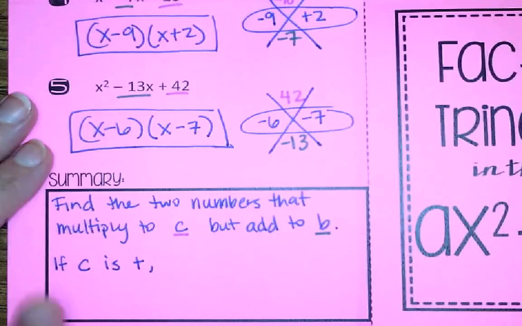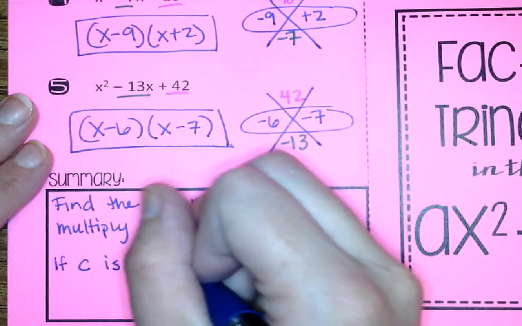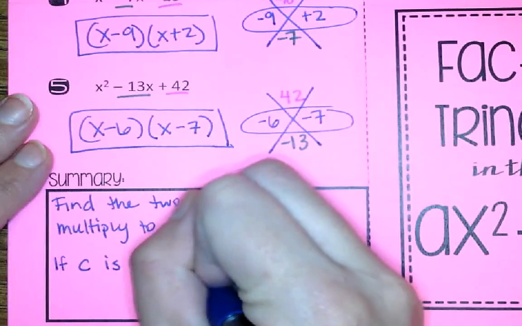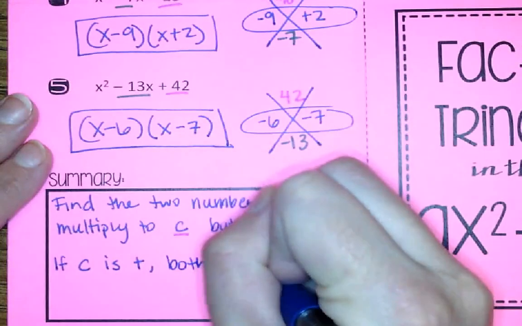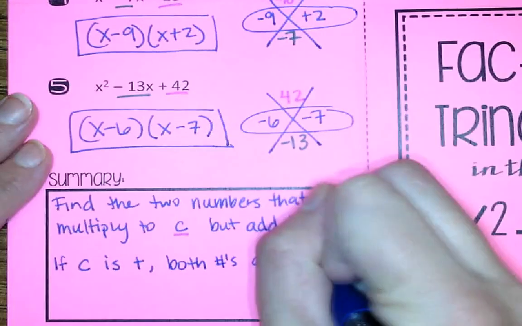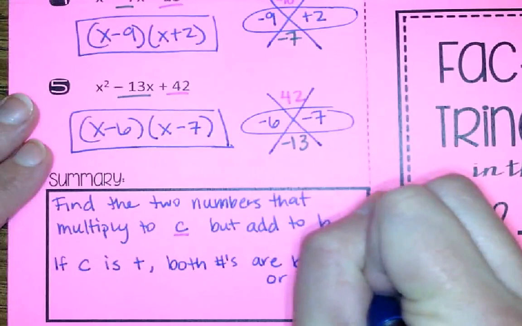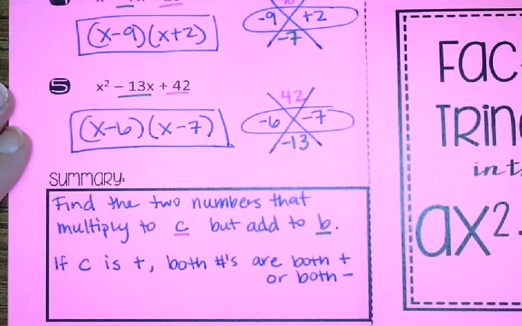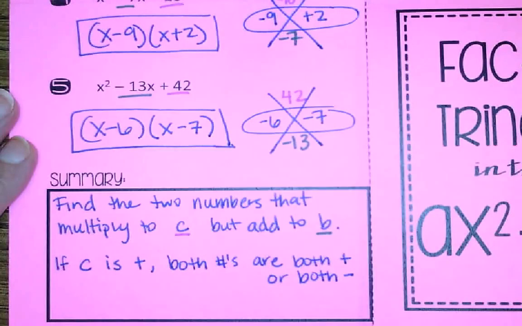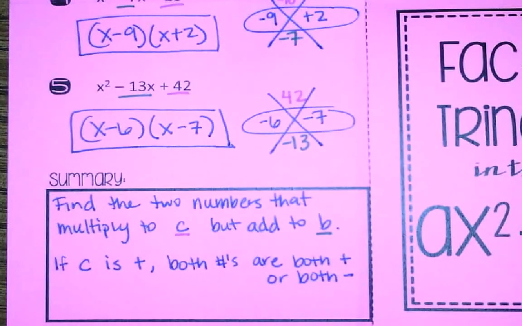So guys, if C is positive, both numbers are both positive or both negative. Do y'all feel good about that? How can you decide if it's positive or negative? Looking at your B value. If your B value is positive, they're both positive. If B value is negative, they're both negative.